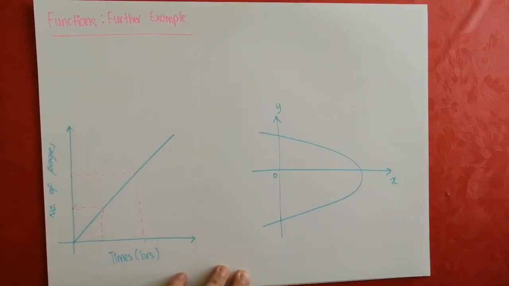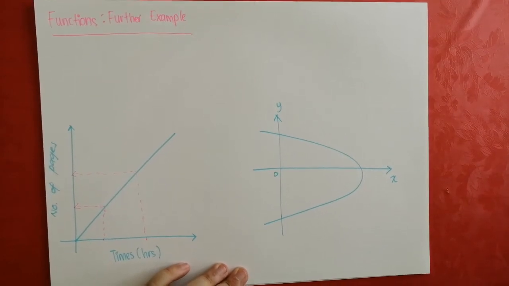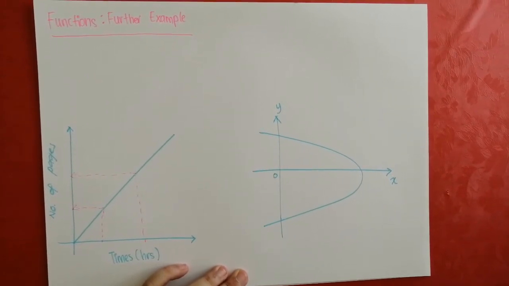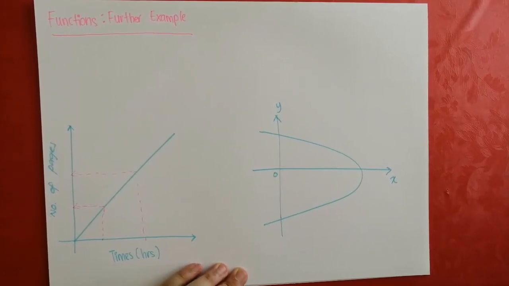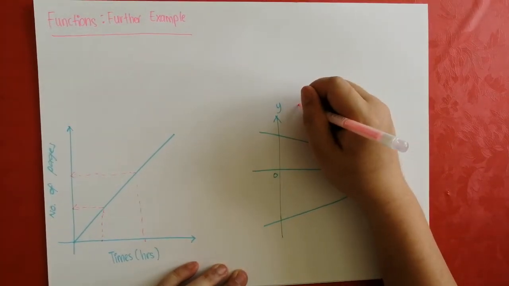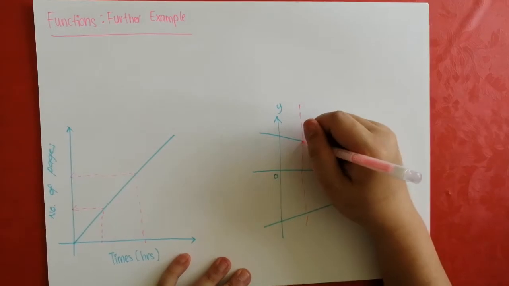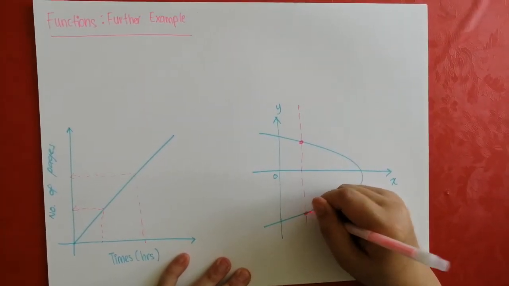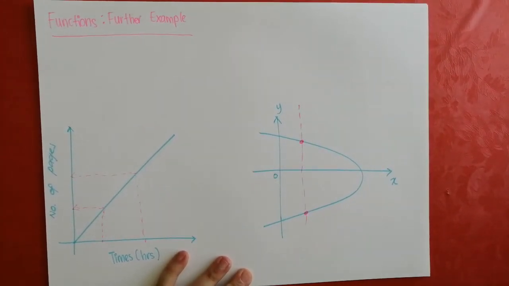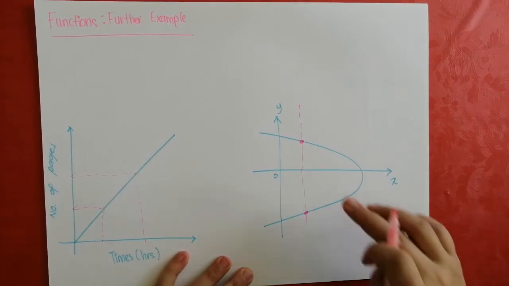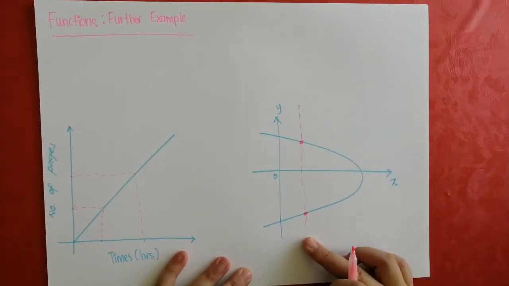Then we go to the next example, example number 2. Does this graph represent a function? If you draw a vertical line, you will notice that there are actually 2 points of intersection. The vertical line cuts the curve at 2 places.